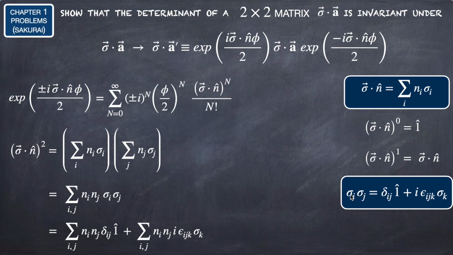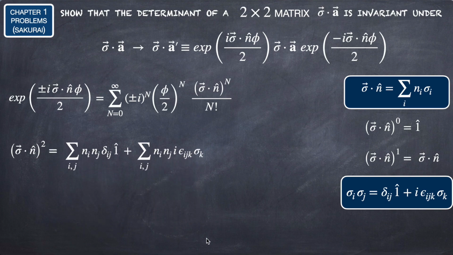Okay, so since sigma i sigma j is equal to these two terms, we are going to write this summation as two summations. The first one will be n_i n_j times the delta_ij and the identity, plus n_i n_j i times the epsilon times sigma k.